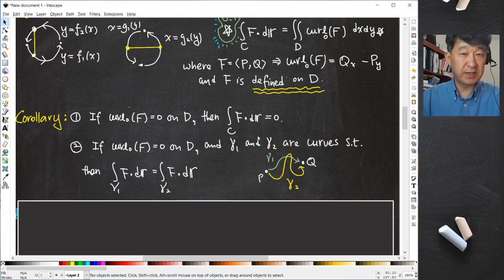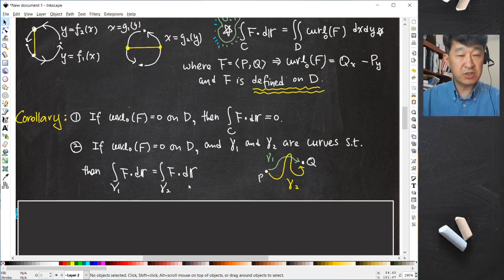So here's the most striking feature of a vector field whose curl is 0, which is this condition here. If that's the case, and you happen to have two different paths, gamma 1 starts at P and ends at Q, and gamma 2 is a different curve, as I described here, starting at the same P and the same Q but through a different route.